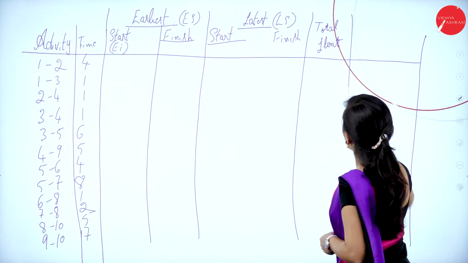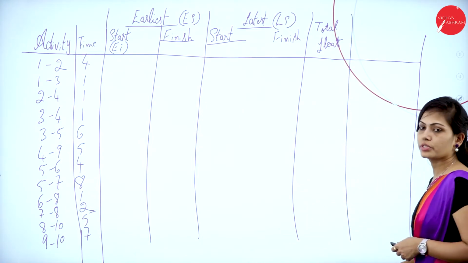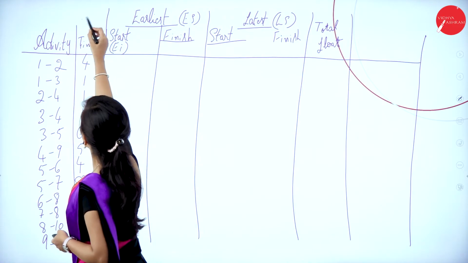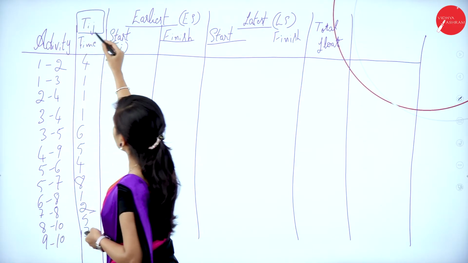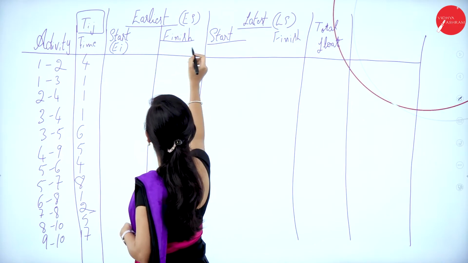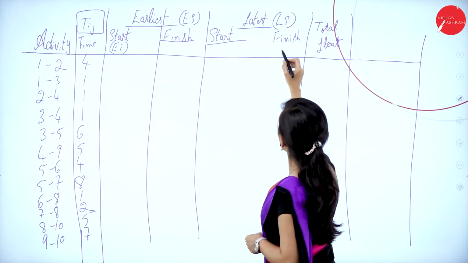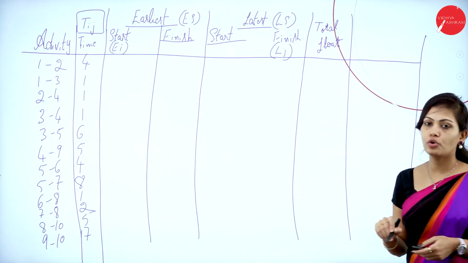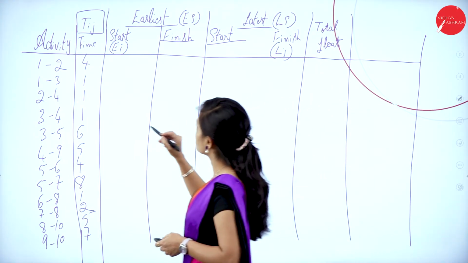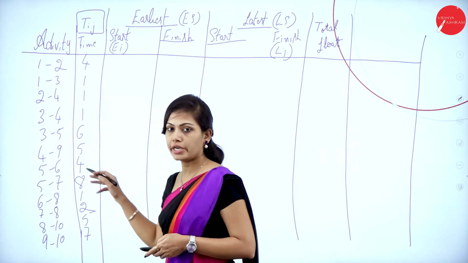Clear? I'll find out the total float, and this is TIJ, time for starting and ending, EI, and here I have to find LJ and total float. So how to find this starting time for each and every node?